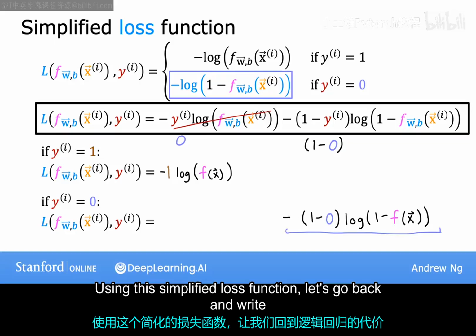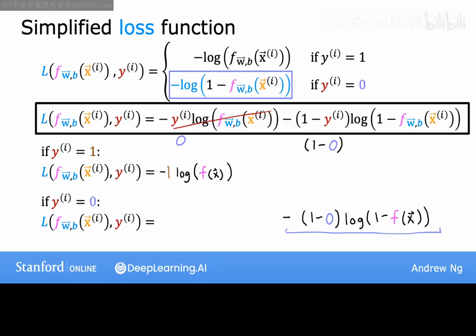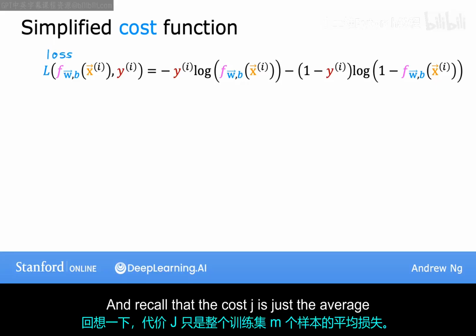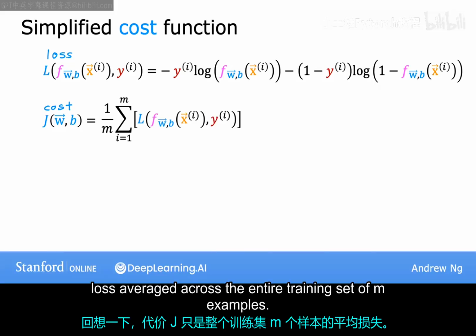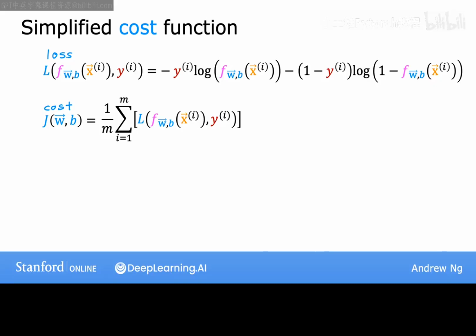Using this simplified loss function, let's go back and write out the cost function for logistic regression. So here again is the simplified loss function. And recall that the cost J is just the average loss, averaged across the entire training set of m examples. So it is 1 over m times the sum of the loss from i equals 1 to m.